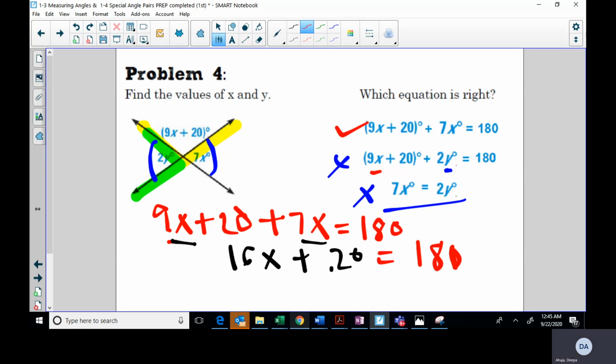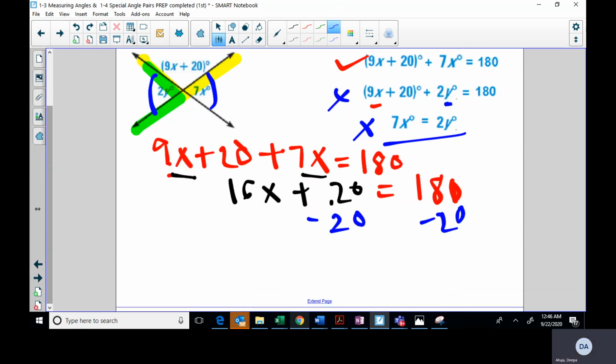Now to solve for x, subtract 20 on both the sides. 16x is equal to 180 minus 20, that is 160.